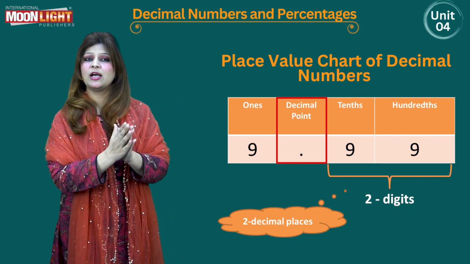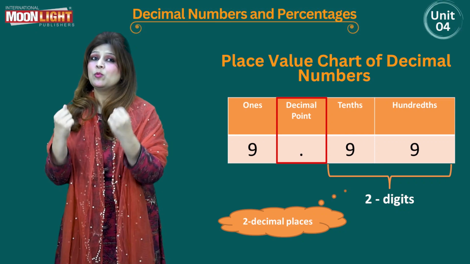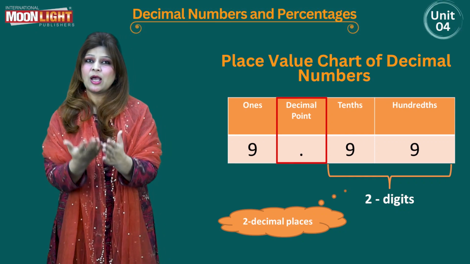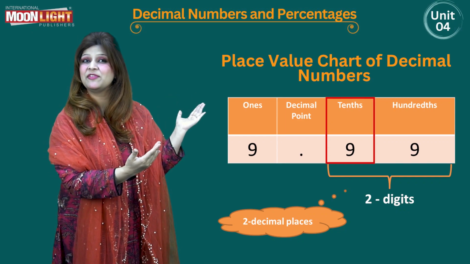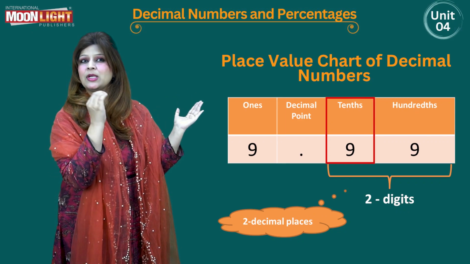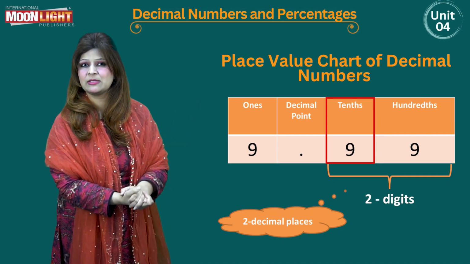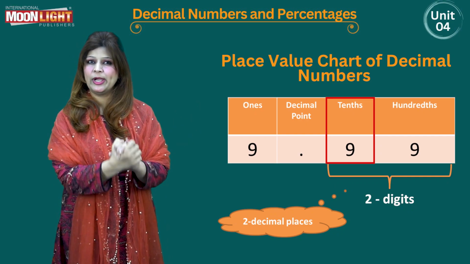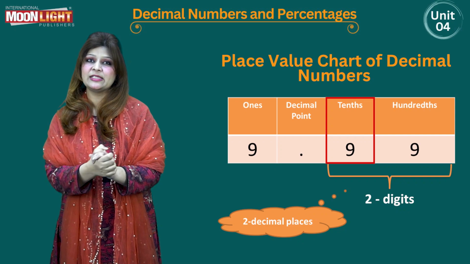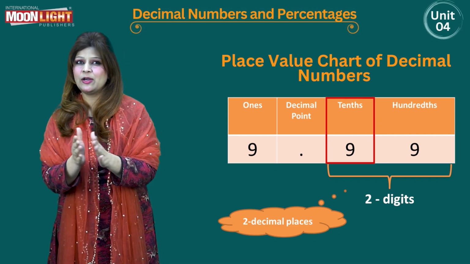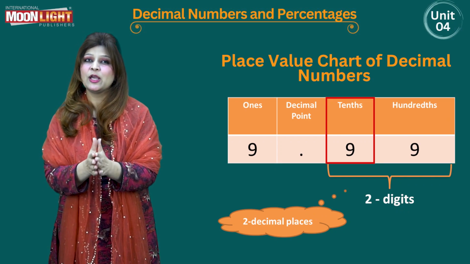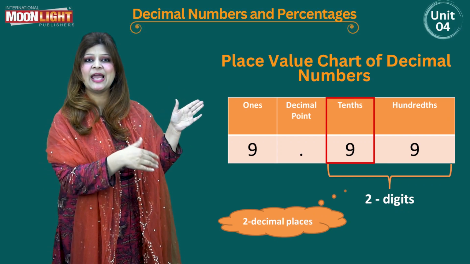After that digit, we have one interesting thing. After ones, we have tens, you know that. But whenever we talk about decimal numbers, after the decimal point, we say this is tenths, T-H-S, instead of tens. Remember that.